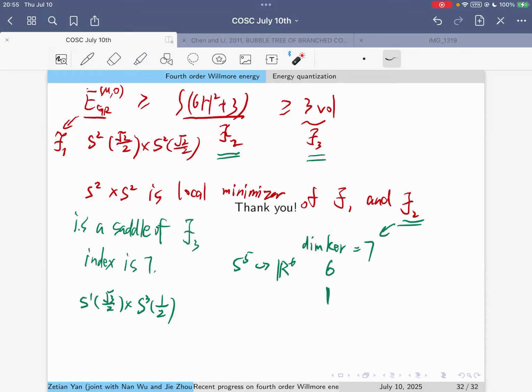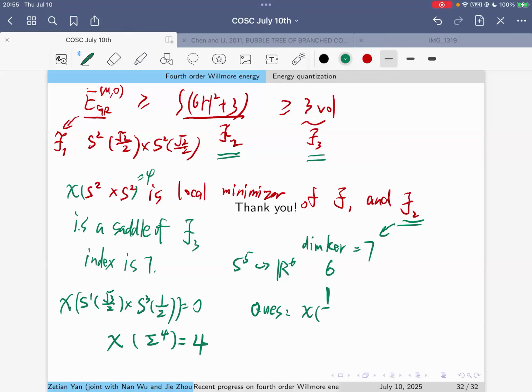So in the formulation, I highly conjecture that we need to add one more direction. We need to fix the characteristic, because the characteristic of S2 times S2 is equal to 4, and the characteristic of S1 times S3 is equal to 0. So it sounds like the formulation should be the following.